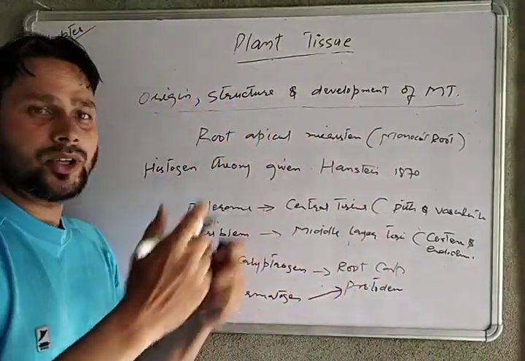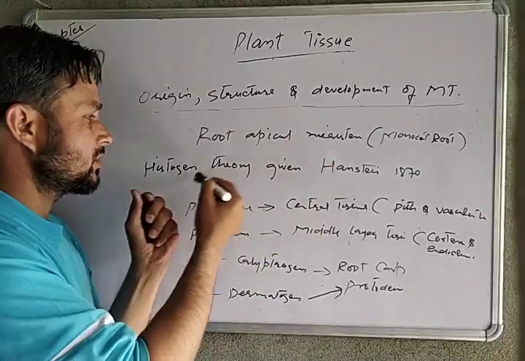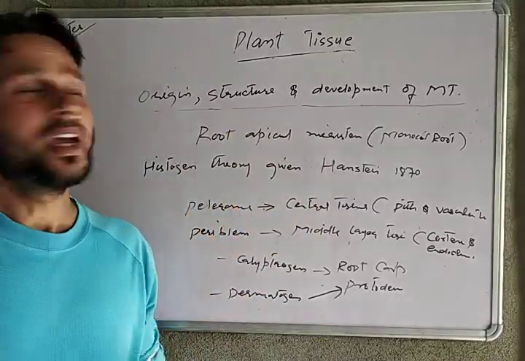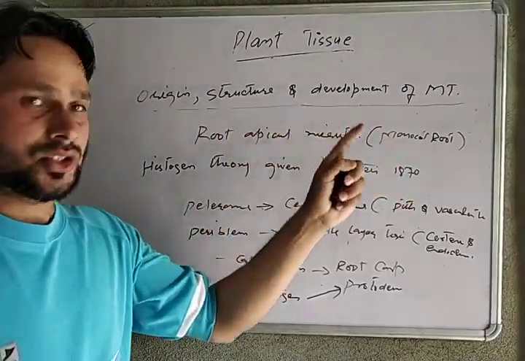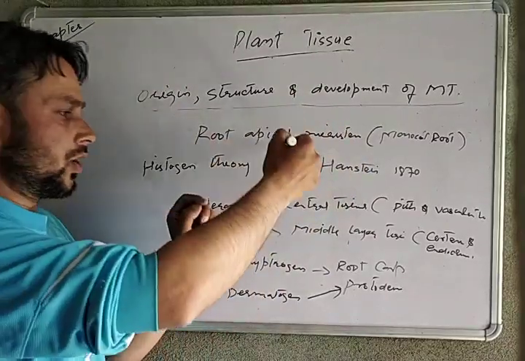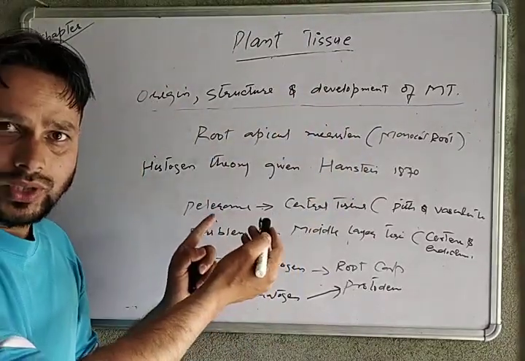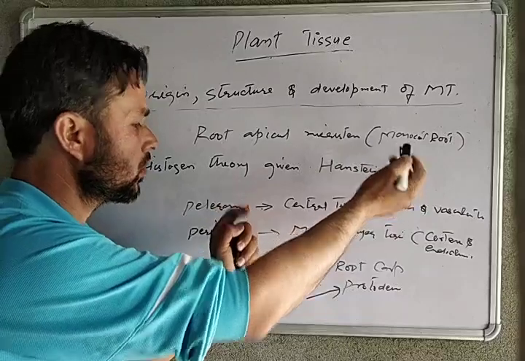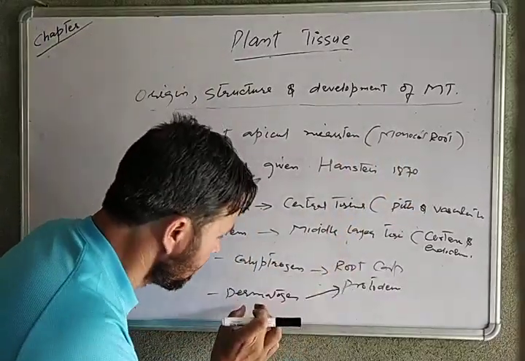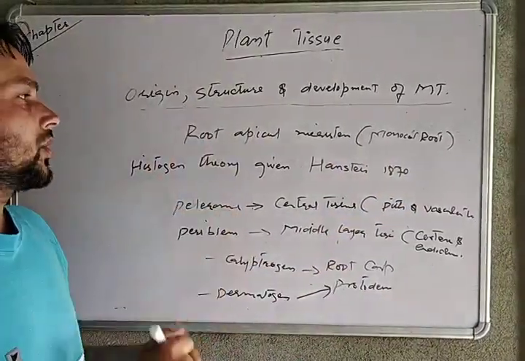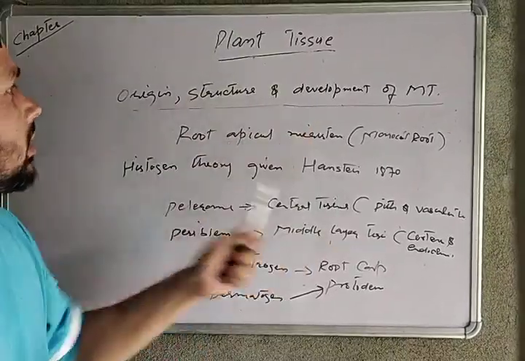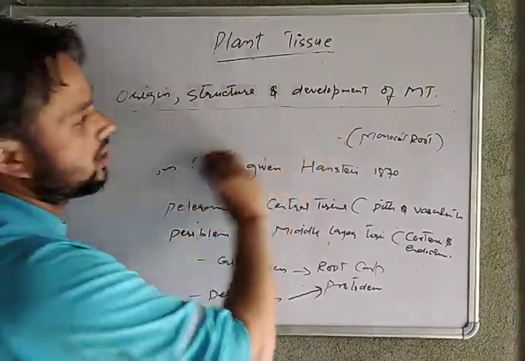This is the difference between monocot and dicot root as per histogen theory, which explains the root epidermal system of dicot root as well as monocot. In dicot root, dermatocalyptrogen tissue is there. In monocot root, calyptrogen gives root cap and dermatogen gives protoderm. This was about development of monocot root.